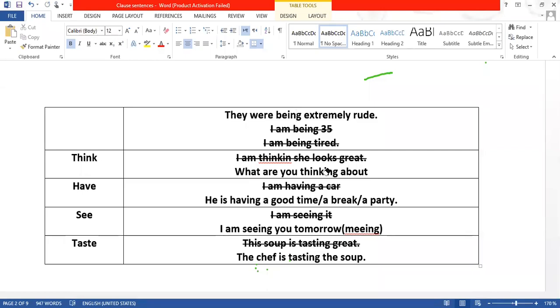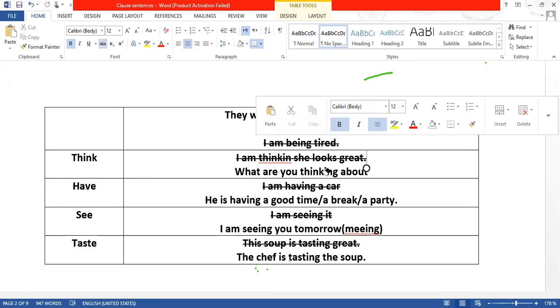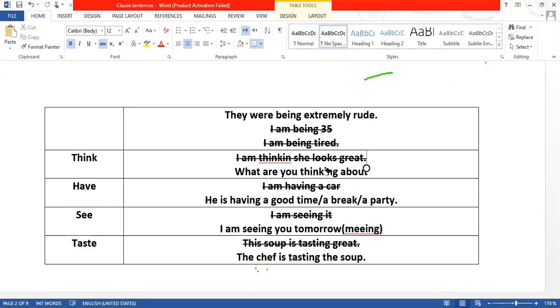See this, another example. These verbs are a little bit confusing because they can work as an action verb and they can also work as a state verb, but with a different meaning. For example, I'm thinking she looks great. We cannot say it in the action form.